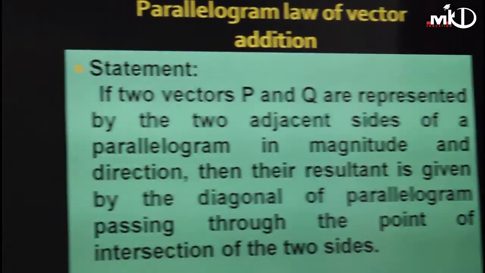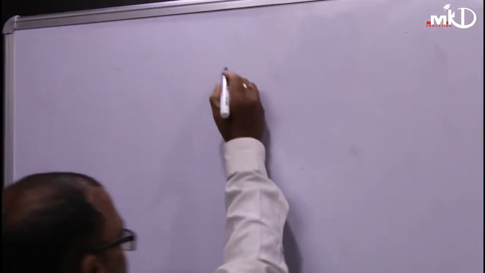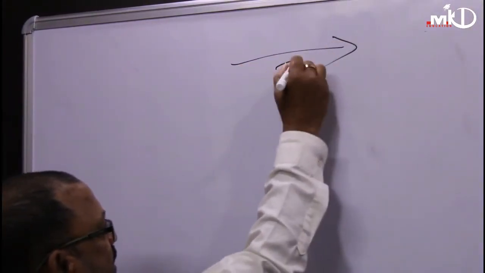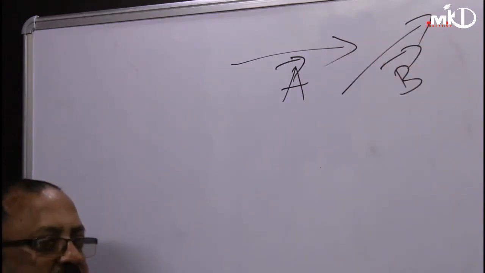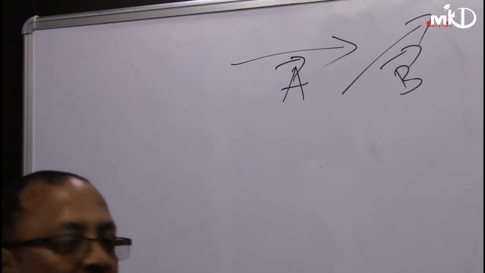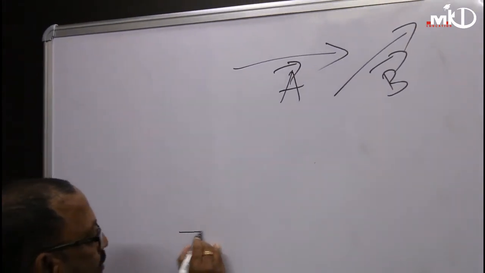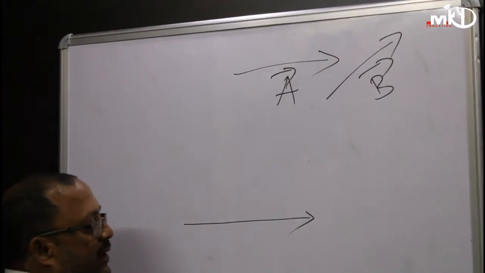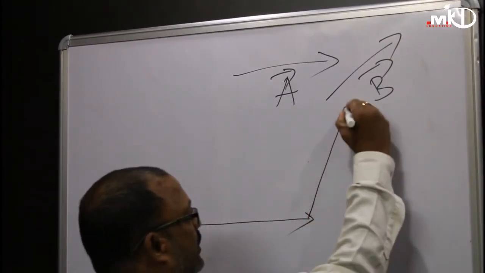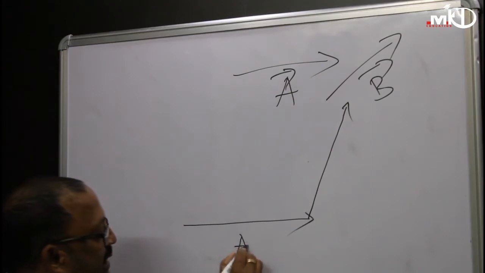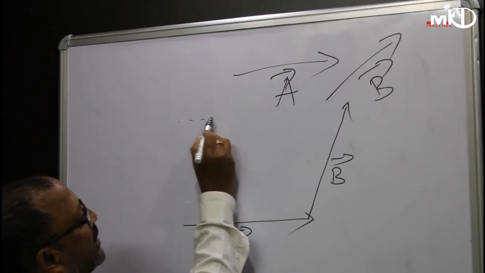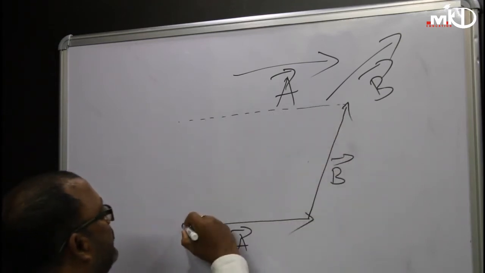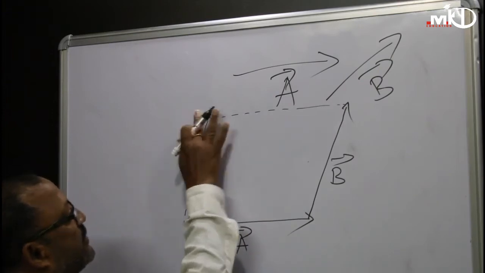Suppose there are two vectors representing the two adjacent sides. Suppose this is A vector and this is B vector, the two adjacent sides of a parallelogram taken in the same order. Look at this diagram very carefully. Then I will complete the other two sides of the parallelogram.